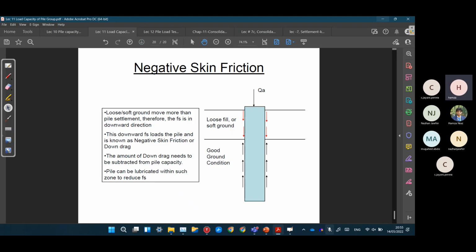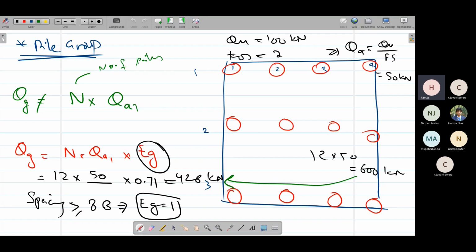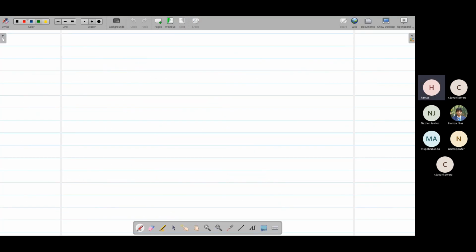So the next one is negative skin friction, the third last one. So negative skin friction.